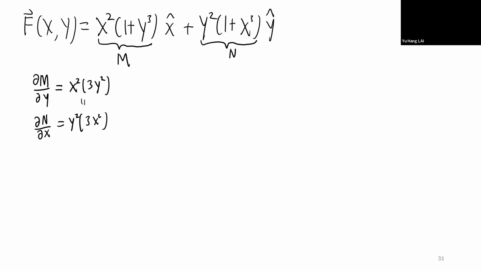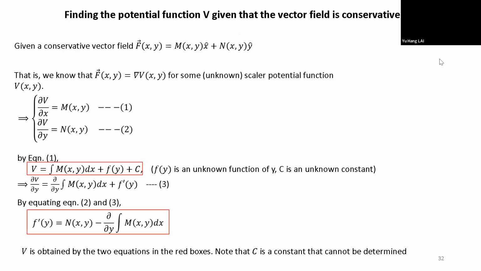Next, I want to ask the question: now I know this is a conservative field, so that means this field must be writable as the gradient of some scalar potential function. Now how do we find this v?